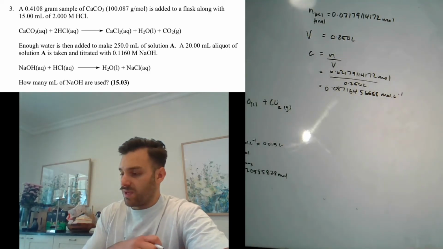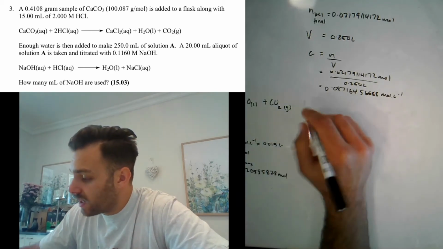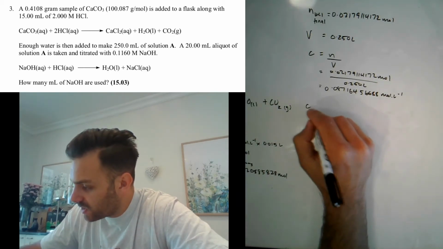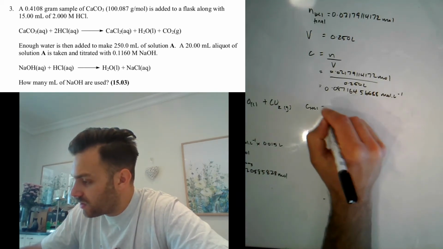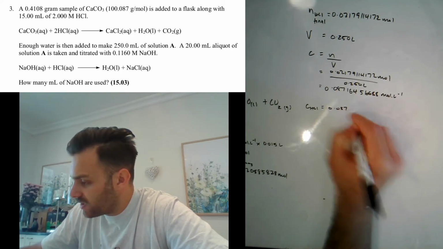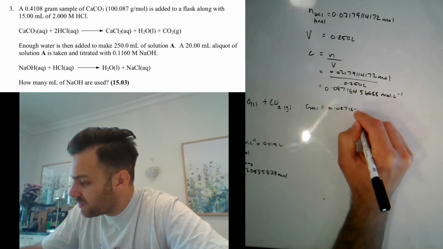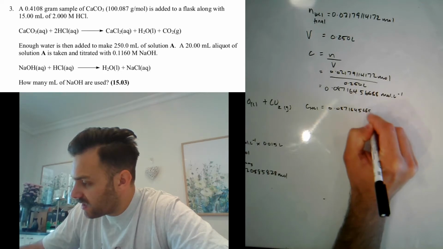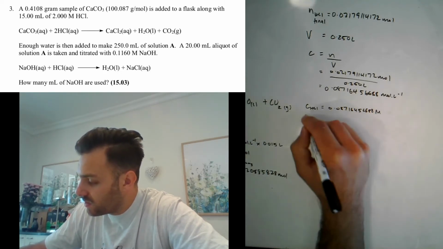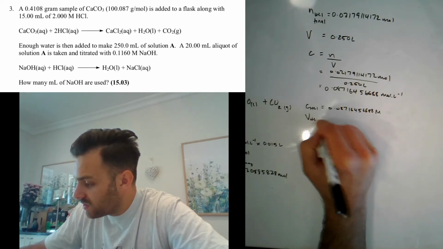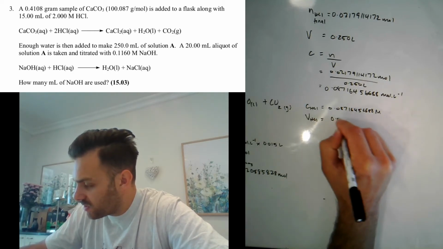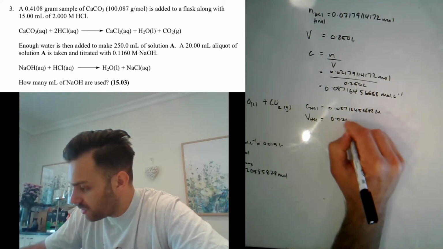Okay, now we can set this up like a normal titration question. Okay, the concentration of HCl, I know. It's what we have there, 0.08716456688 moles per liter. The volume of HCl that we used of this concentration is 0.02 liters, so that's a 20 mil aliquot.